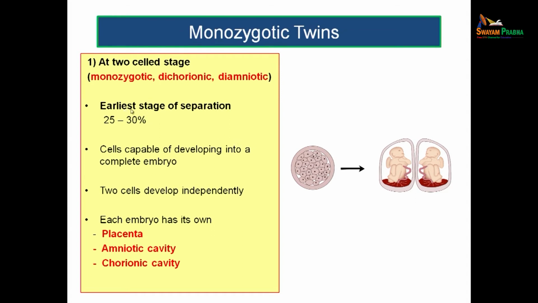That is why we call it monozygotic, since it is developed from a single group of cells, dichorionic because they have their own placenta and are not sharing it, and diamniotic, that means they have their own amniotic cavity. So, this condition will look much the same as that of dizygotic twins. The only difference is that dizygotic twins will not be genetically similar, but monozygotic twins will be genetically similar since they are derived from a single group of cells.